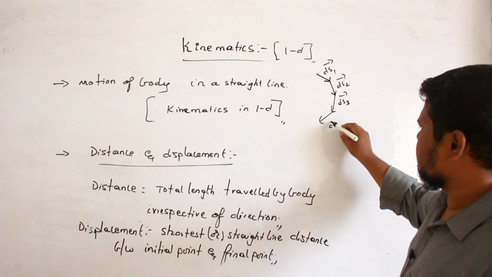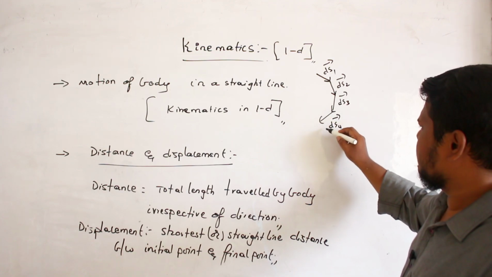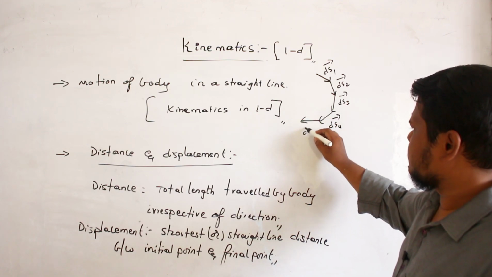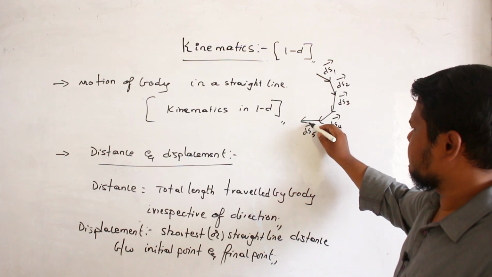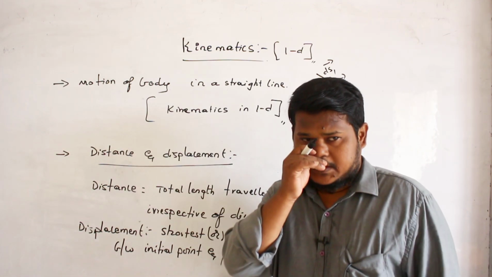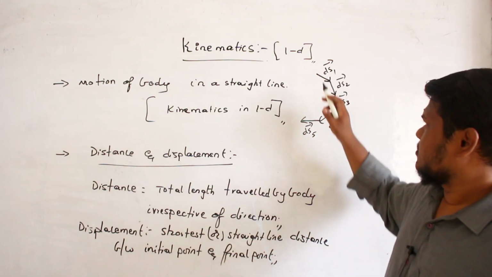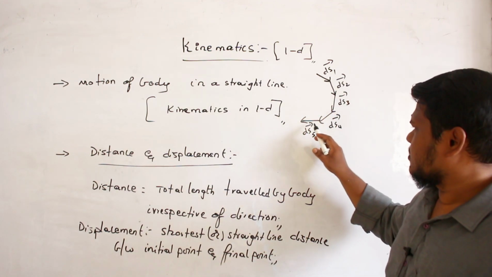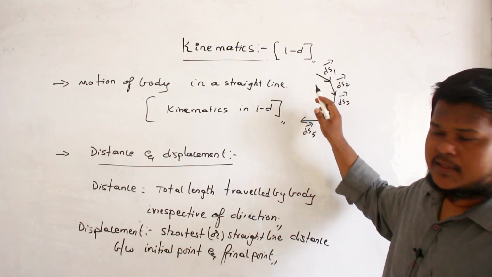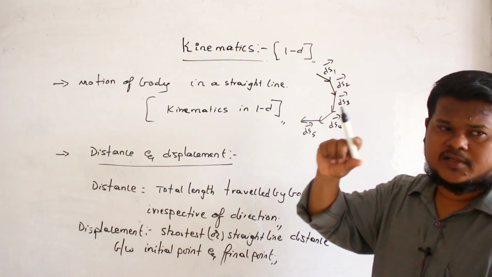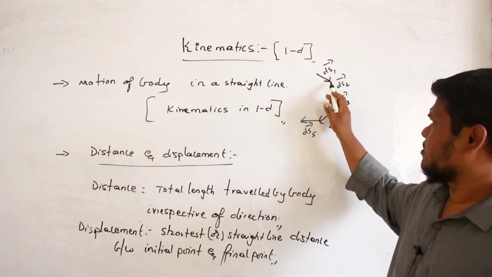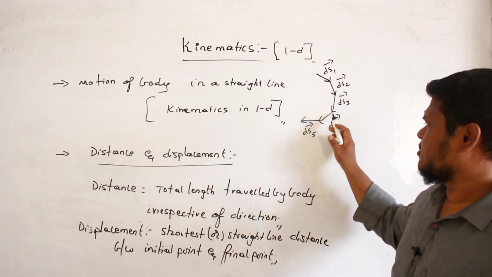Then like this, ds4 dash. Then like this, ds5 dash. D means differential distance or differential displacement. So one person is continuously traveling like this. Are you able to understand? So very small distances or displacements he is covering: ds1 dash, ds2 dash, ds3 dash, like this.